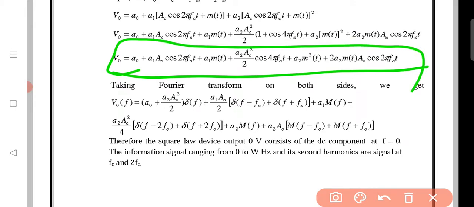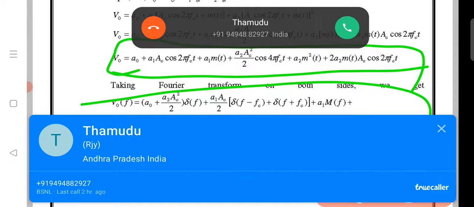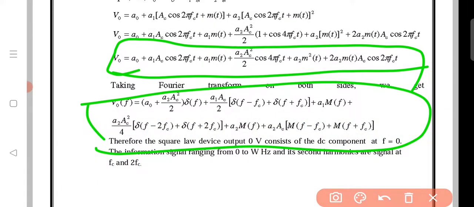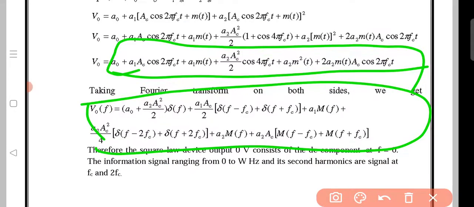Up to here is the time domain, this is the frequency domain. To get the frequency domain description, you just apply the Fourier transform on both sides of the time domain equation. By observing this equation, this is the output of the nonlinear device.